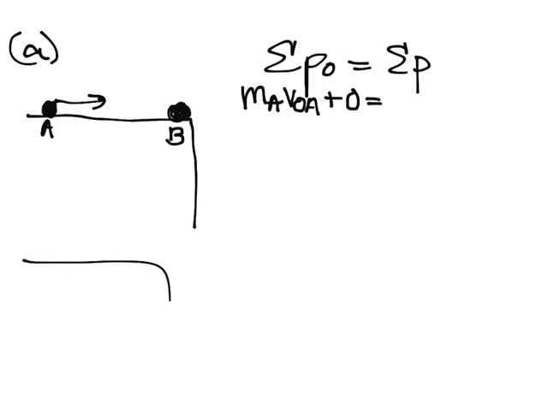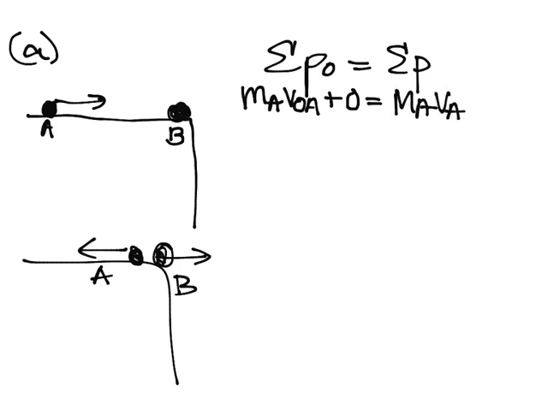Okay, so our after picture, we have ball B flying off of the table, and A rebounds in the other direction, so we have MA, VA, and it tells us it's 0.7, but remember it's going backwards, so we have negative 0.7 plus MB VB, and we're trying to solve for VB.